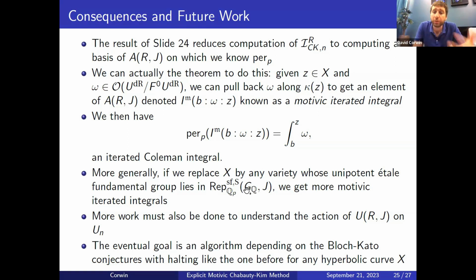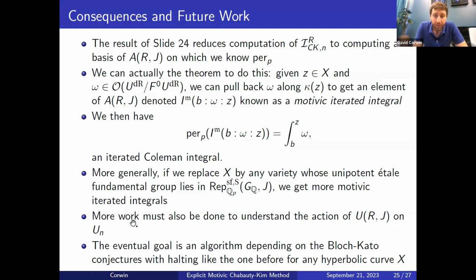And then another current challenge that we have to overcome before we do have a method for effective Faltings is to better understand the action of U_RJ on UN.